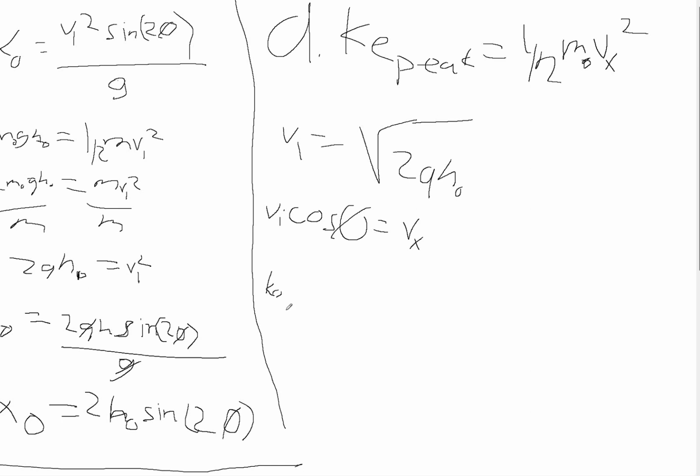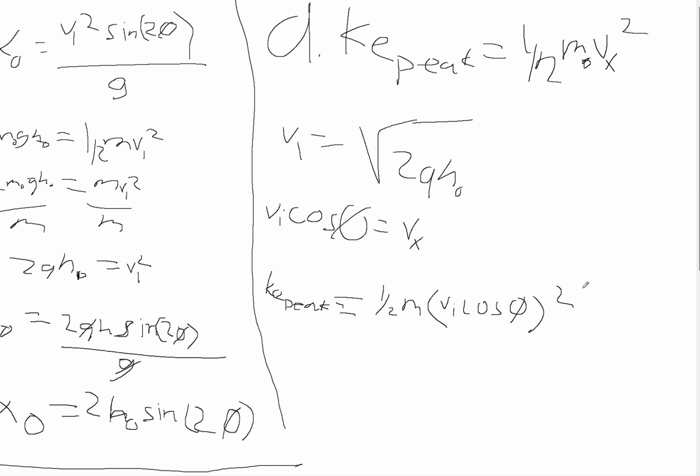So K peak equals 1/2 m v, which is really vx, which is really just vi cosine theta, squared.